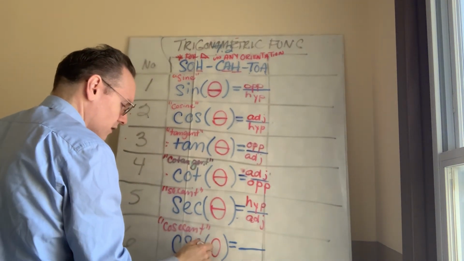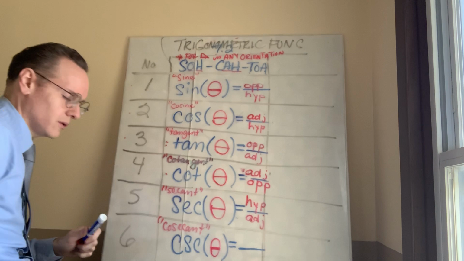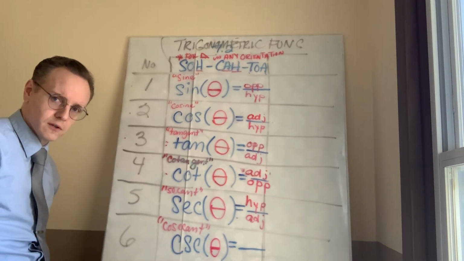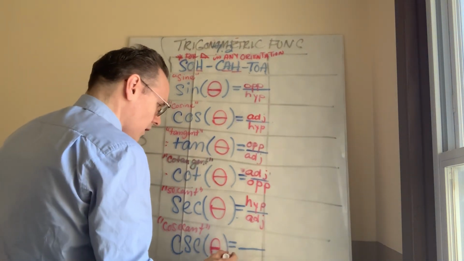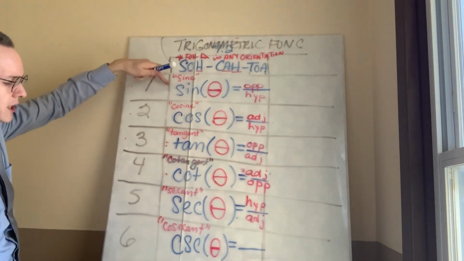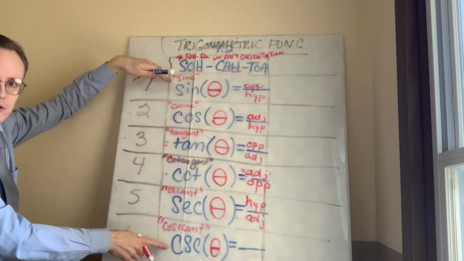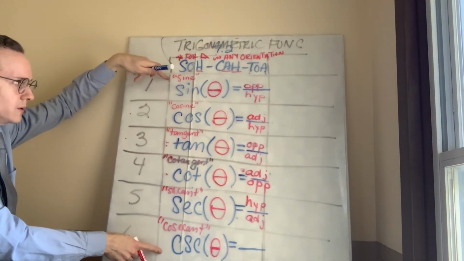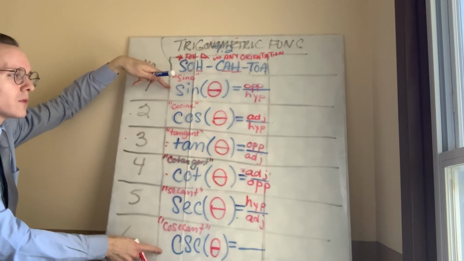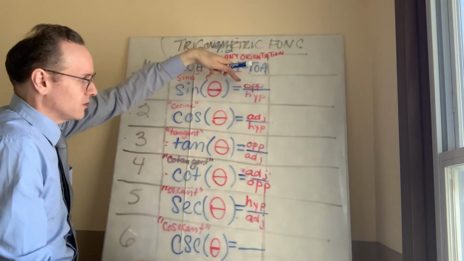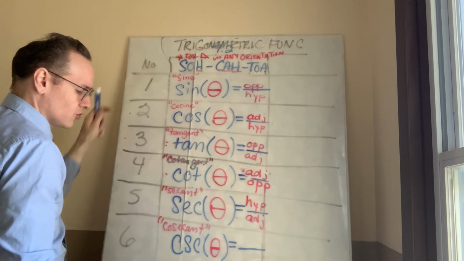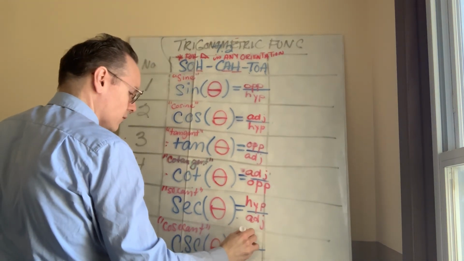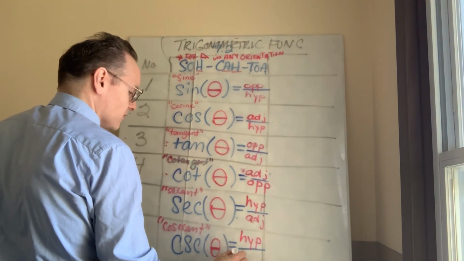And again, theta is the variable on which the function is dependent. Sine and cosecant, these two on opposite ends of the spectrum here, are reciprocal functions. So if sine is opposite over hypotenuse, then cosecant is hypotenuse over opposite.